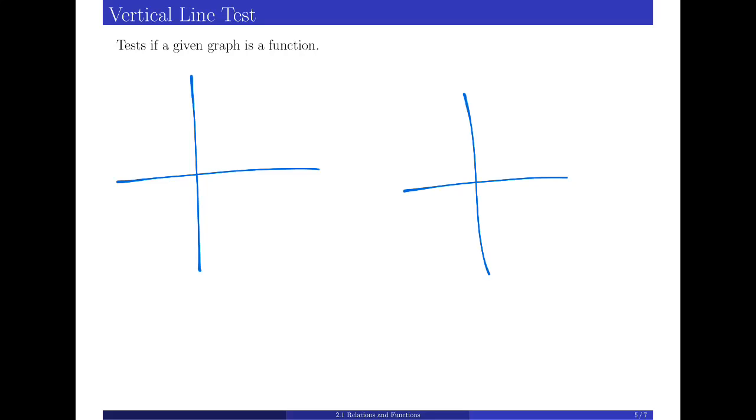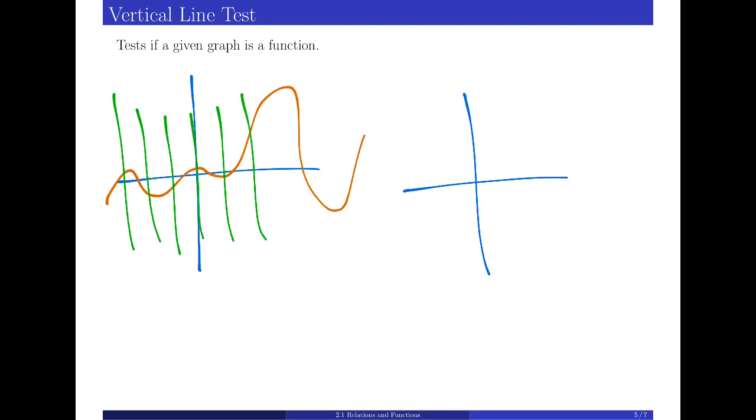When we're looking at a graph, and we want to determine if a graph is a function or not, we'll use what's called the vertical line test. So let's say we have some curve. It could be whatever sort of curve we want. The vertical line test, we take and pass a vertical line across. So I can't do this on the screen, but imagine that I'm sliding a ruler across that graph, holding it vertically.